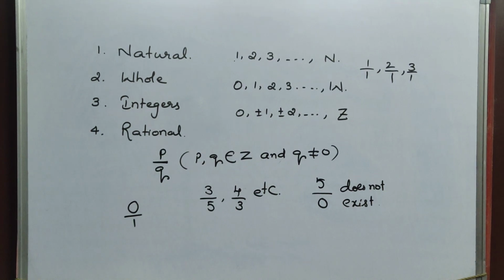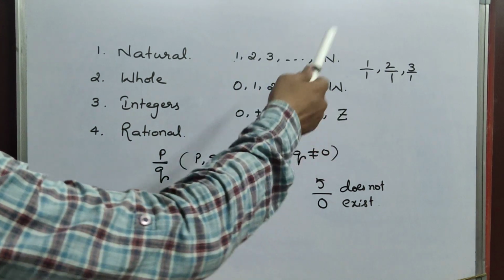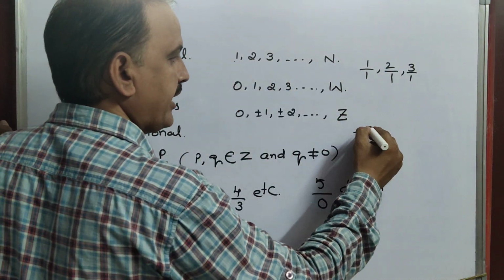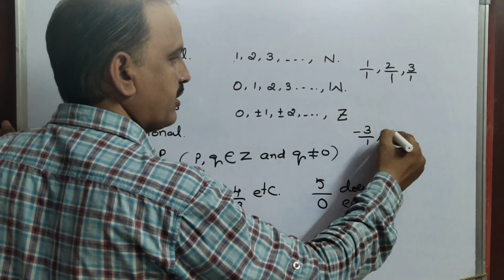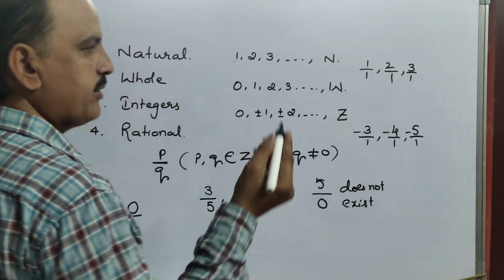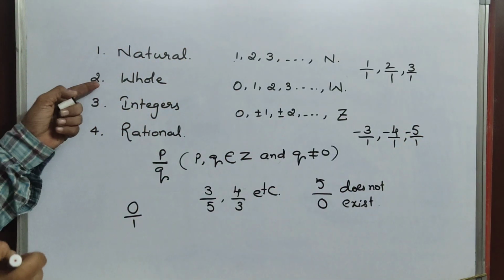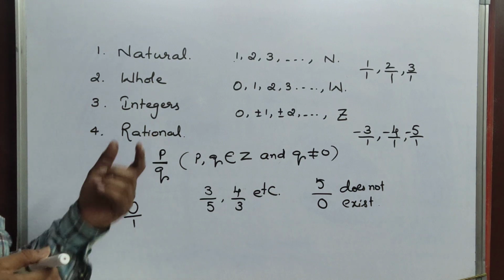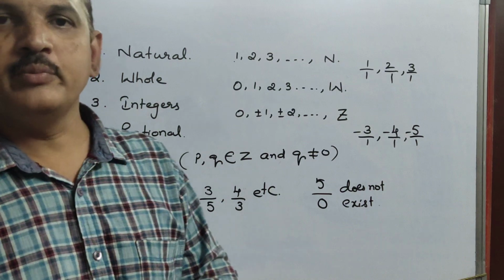So you can write 1 by 1, 2 by 1, 3 by 1. Even for integers, that means negative numbers, you can write 3 by 1, minus 4 by 1, minus 5 by 1. So whatever it may be, either natural numbers, whole numbers or integers, those all come under rational numbers. So what do I mean to say?